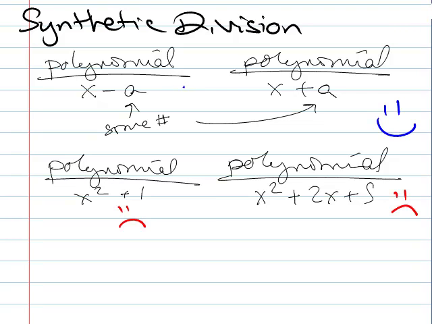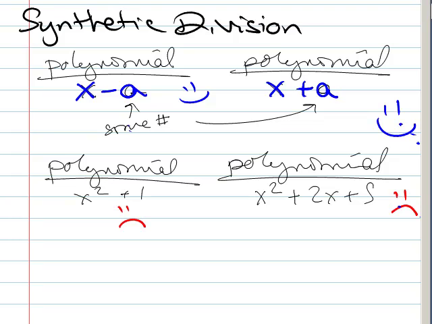I forgot the smiley face guy here. These make us happy for synthetic division. These make us sad. At least in the way we're describing here, the only time you can use this is when you have an x minus a or an x plus a on the bottom. So this is what you want to look for.